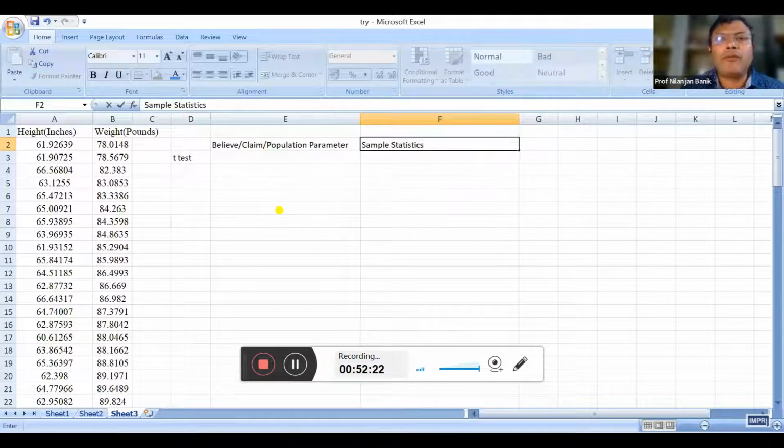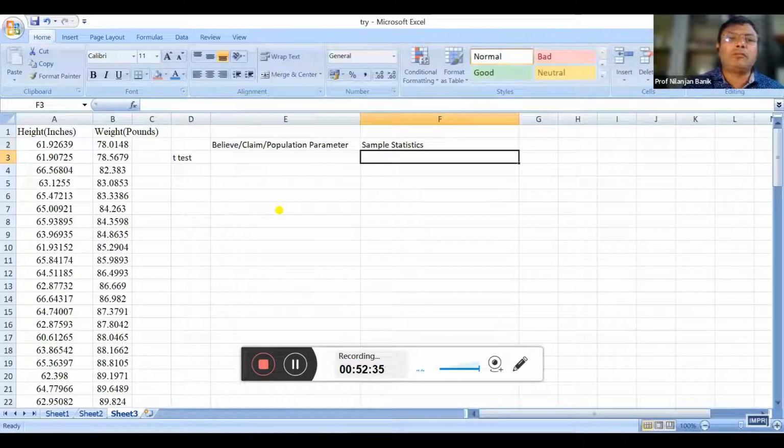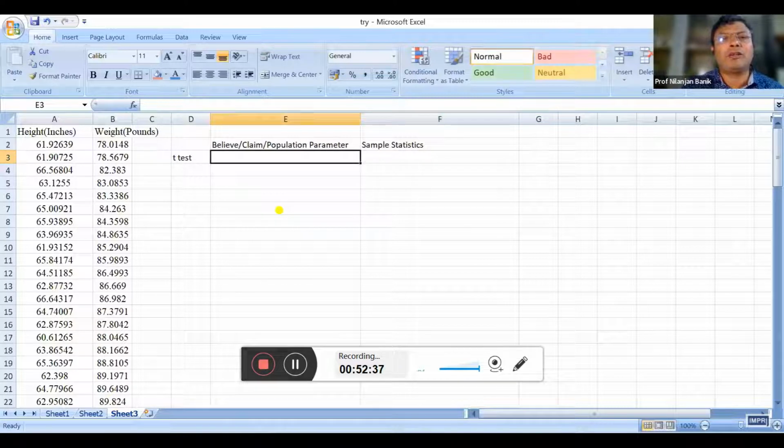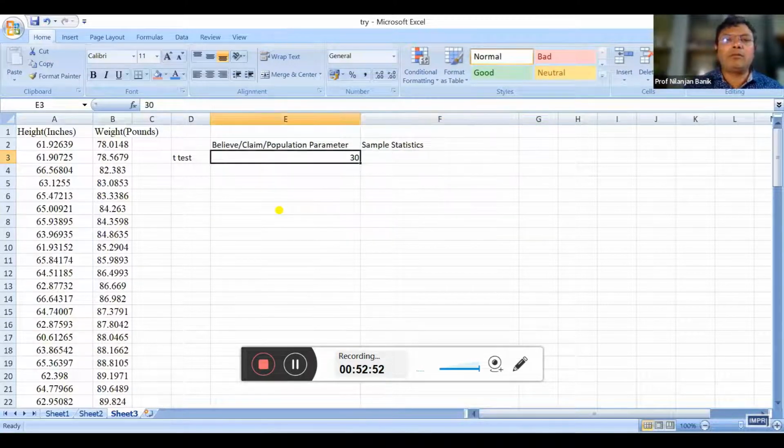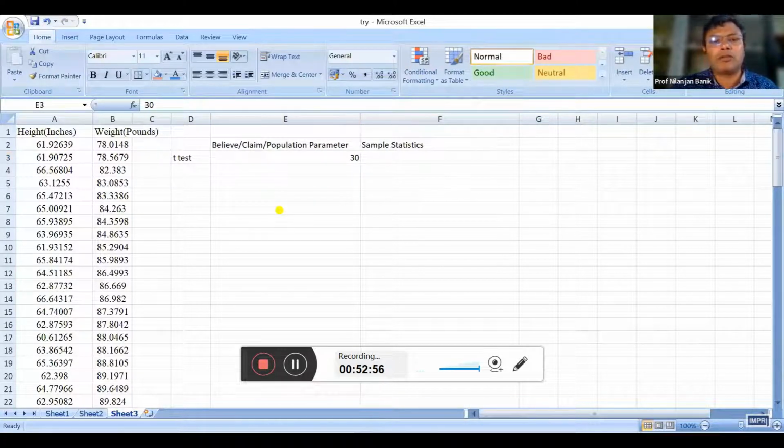In the case of this pizza delivering company, Domino's Pizza is saying that if they cannot supply within 30 minutes, they are going to give you back the money. So the 30 minutes become my population parameter, and the sample statistic is something you collect from the sample. Any question? Please ask if you have.